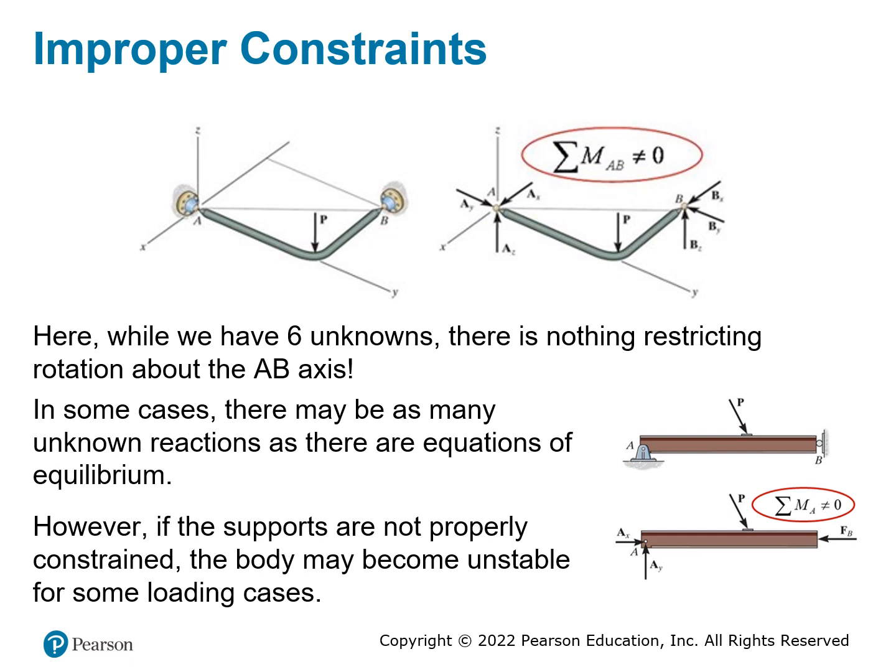You have 6 unknowns, right? And it looks like you have 6 constraints, 6 unknowns, and 6 equations, so you can solve the problem. However, this is not the case because this one still allows rotation.